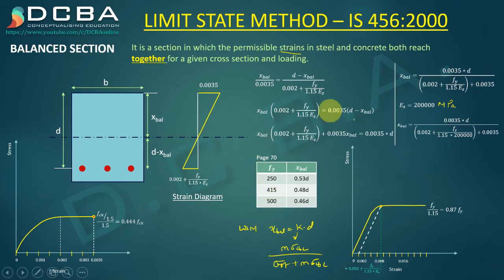But in limit state method, it is dependent only on the grade of steel that we are using, and this is because we are limiting the strain values instead of stress values. And you see here in the strain diagram it is dependent on which grade of steel we are using, but for concrete we have only this one value which is irrespective of any grade of concrete we use, hence only dependent on grade of steel.